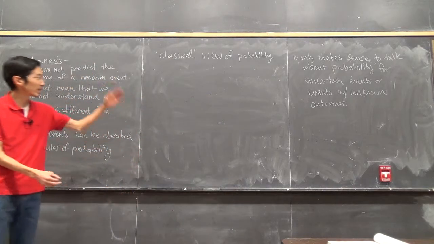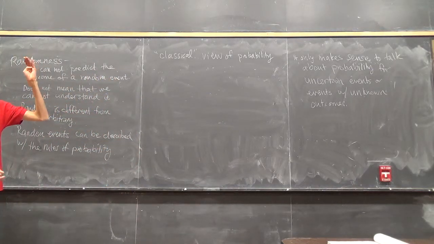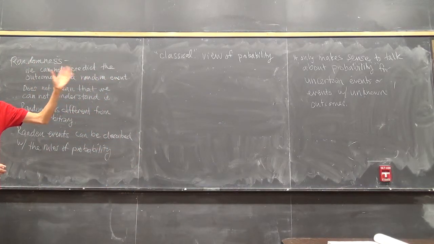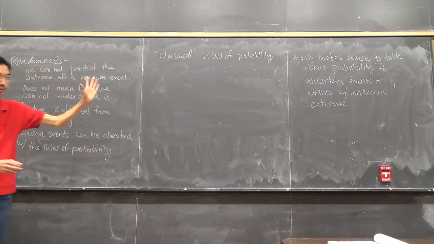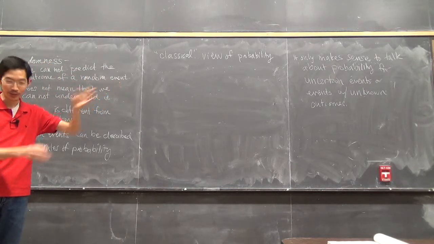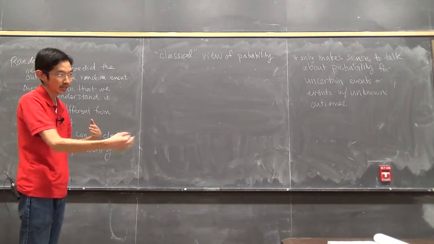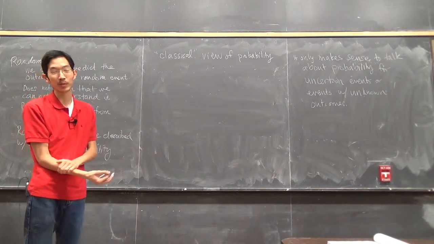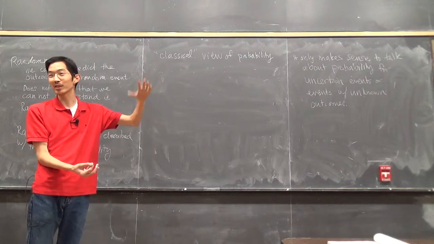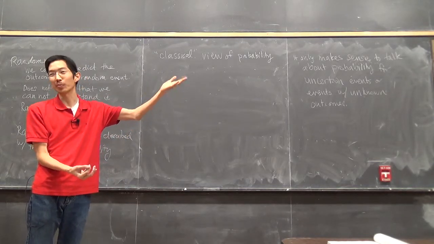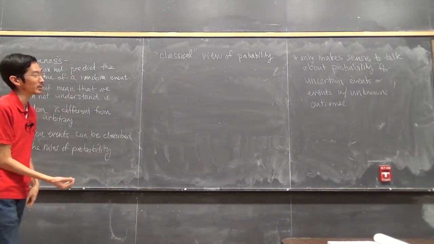But this classical view of probability is tried and true, and it works, and we can do a lot with it, okay? But if you decide to study more statistics or more probability, you might come across another, quote, more modern view of probability, okay?